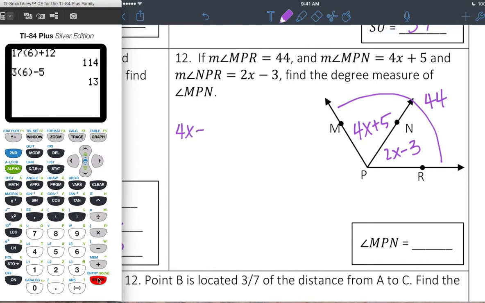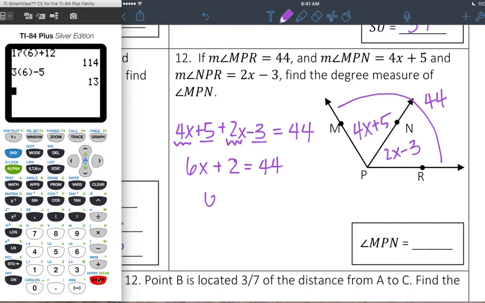So we're going to have 4x plus 5 plus 2x minus 3, and we're going to set it equal to 44. We're going to combine our like terms. 4x and 2x is going to give us 6x. 5 minus 3 is a positive 2, and it all equals 44. Then we're going to subtract 2 from both sides, so we'll get 6x equals 42. Divide by 6, and x equals 7.